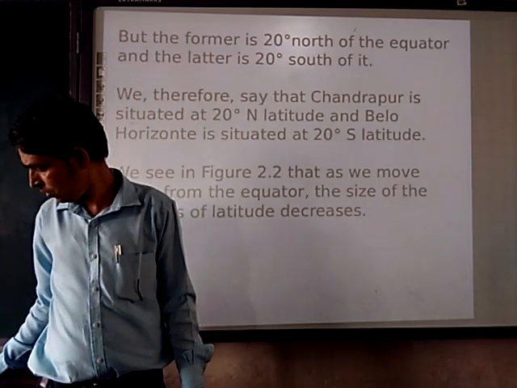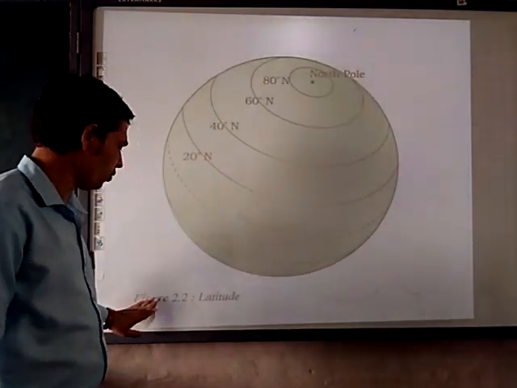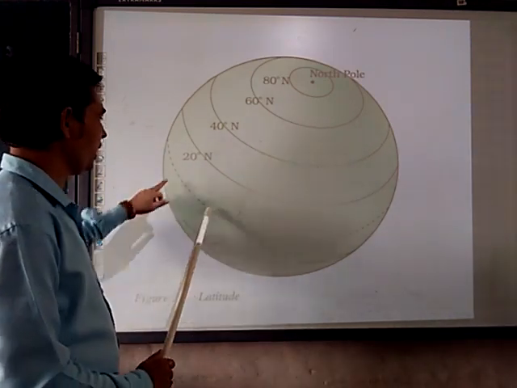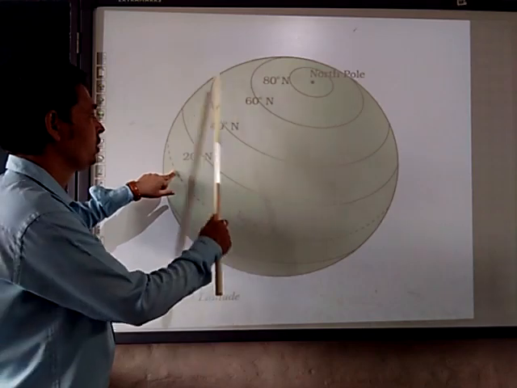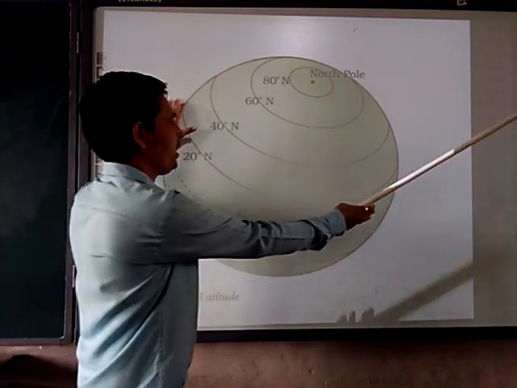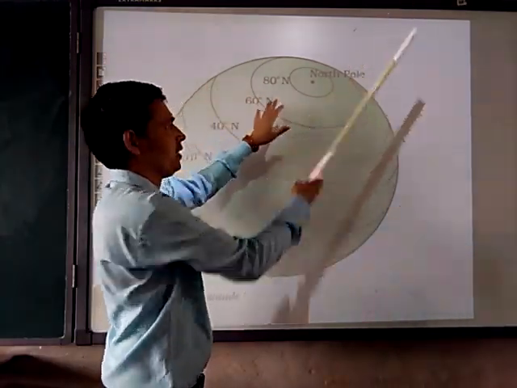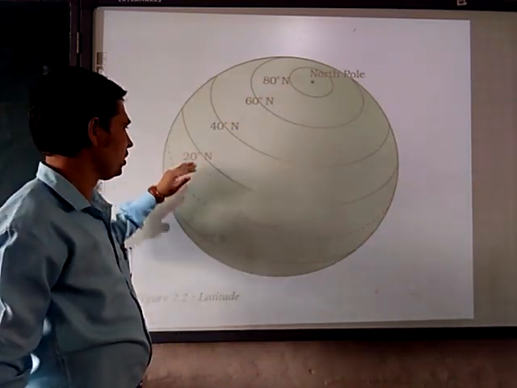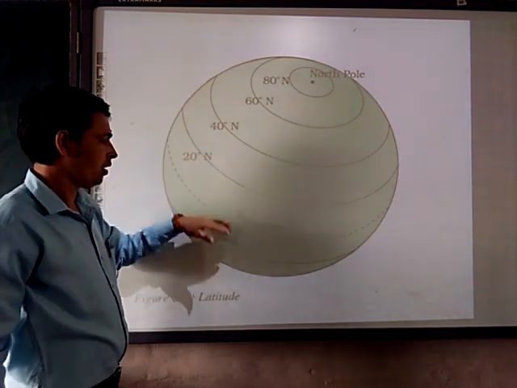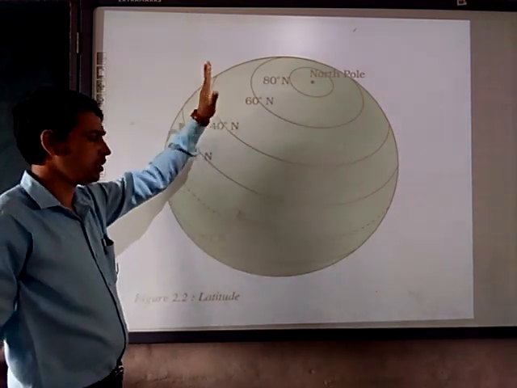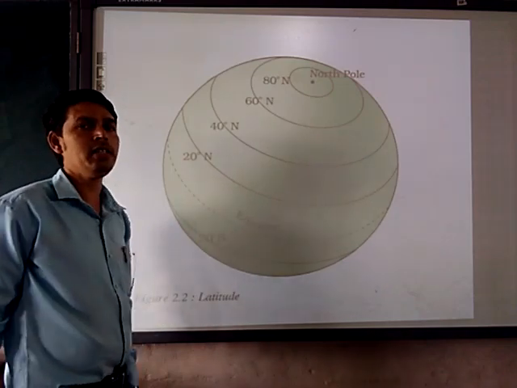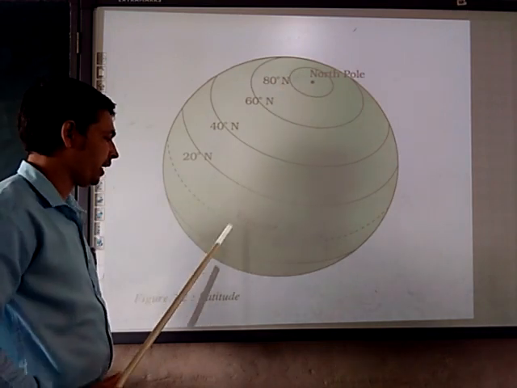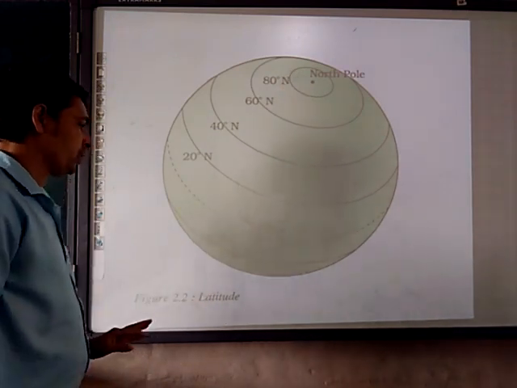First we see the equator, then moving on, the distance is decreasing, right? So these are 20 degrees south, this is 20 degrees north. Above the equator all are north and below the equator all are south latitudes. And we denote them by the letter N for north, and S for south.